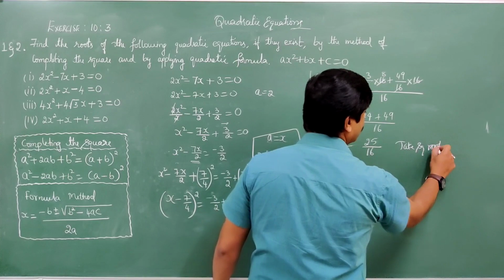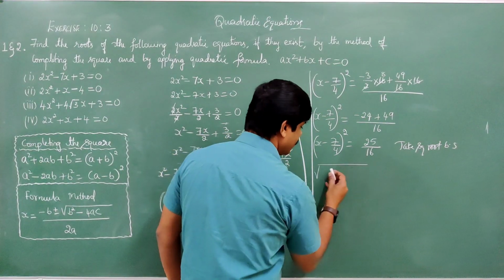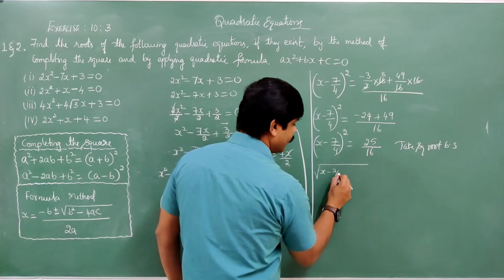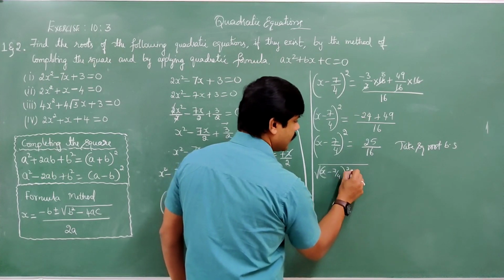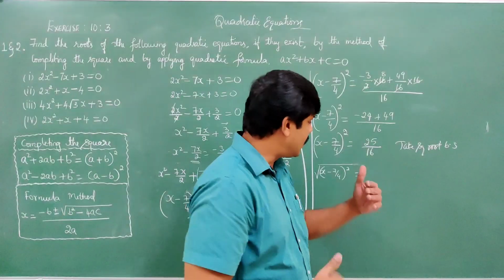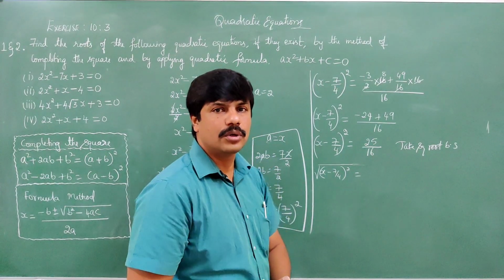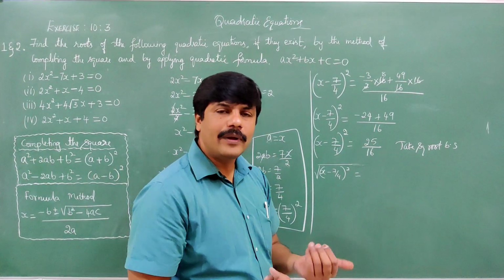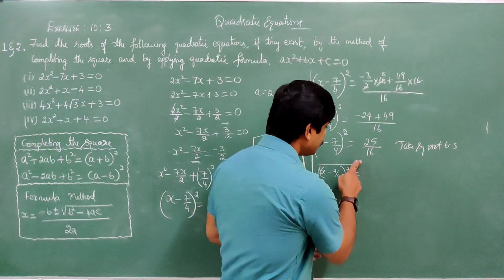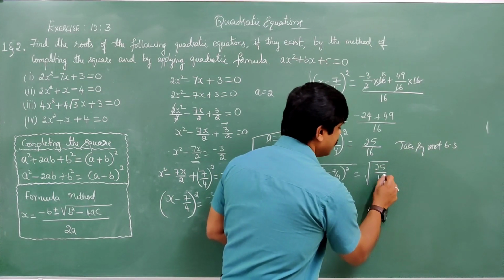Square root of x minus 7 by 4 whole square is equals to, I told you, if you are making any alteration, make it on both the sides so that the value will not change. Understand? Now here also square root of 25 by 16.